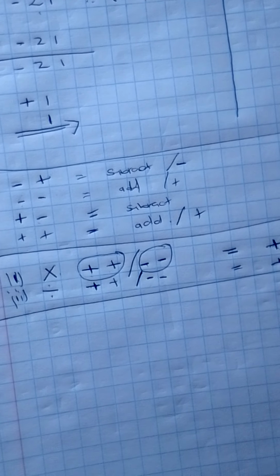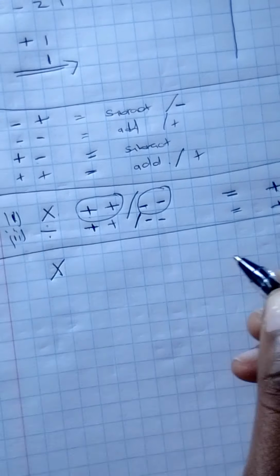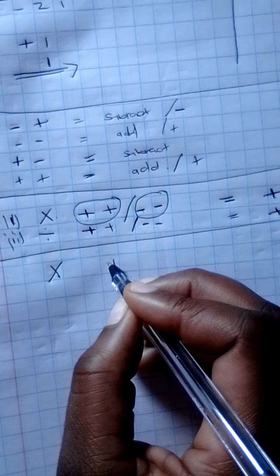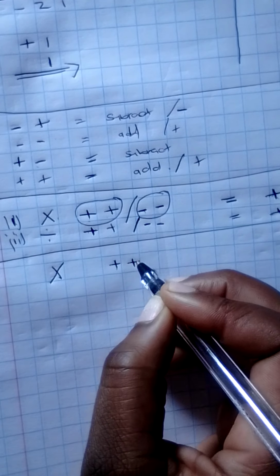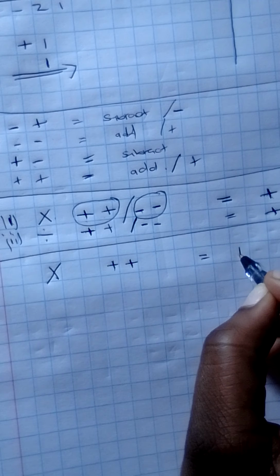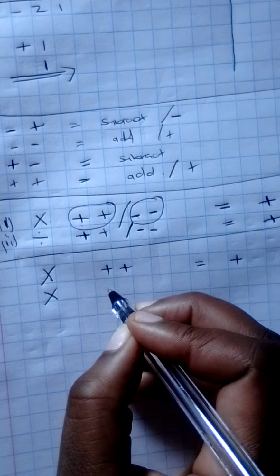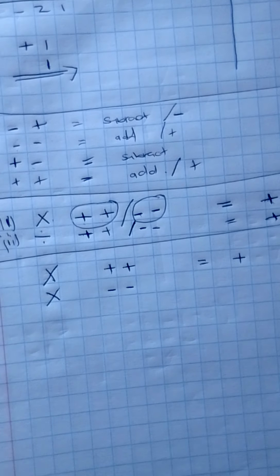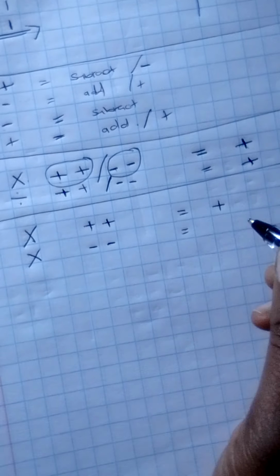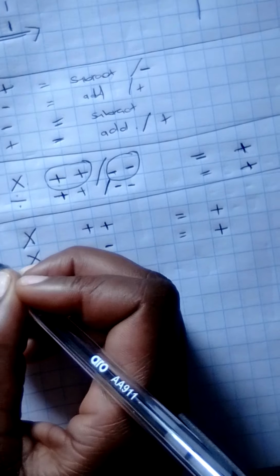Our concepts are 4. This is what I mean. Whenever you multiply two numbers, the other one has got a positive sign and the other one has got a positive sign, your answer is supposed to have a what? A positive sign. Whenever you multiply two numbers, the other one has got a negative sign. This is concept number 2. And the other one has got negative sign. Your answer should have a positive sign. It was concept number 1, concept number 2.